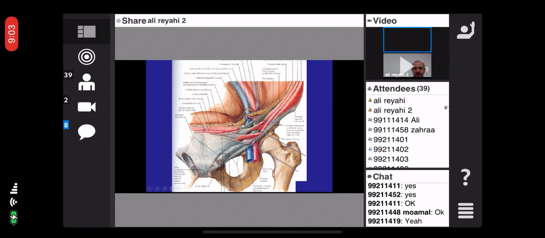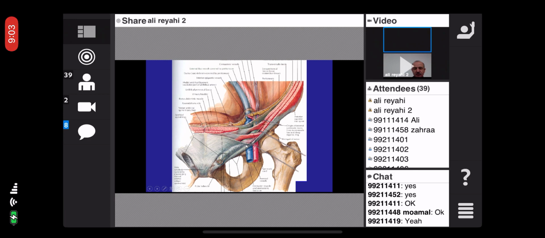Look at here. This picture shows the canal layer by layer. And this is the external oblique aponeurosis. The second layer, internal oblique. Some muscle fibers of internal oblique enter the canal and cover the spermatic cord.